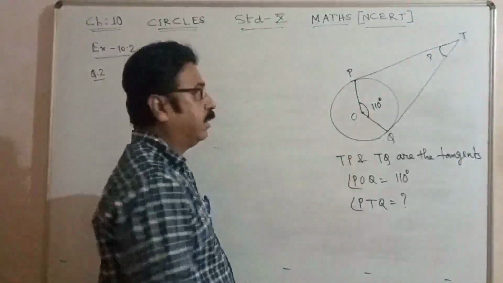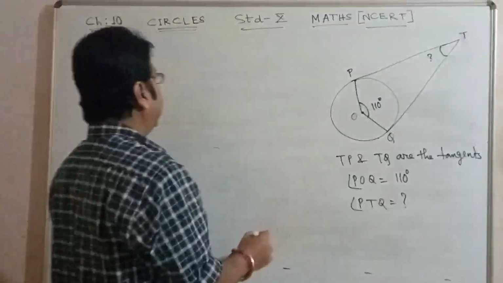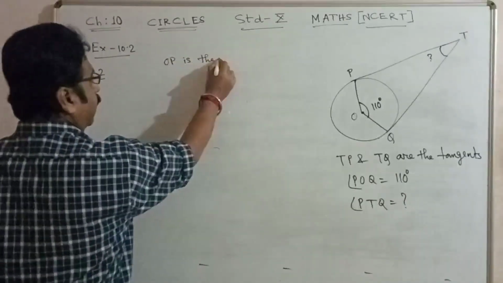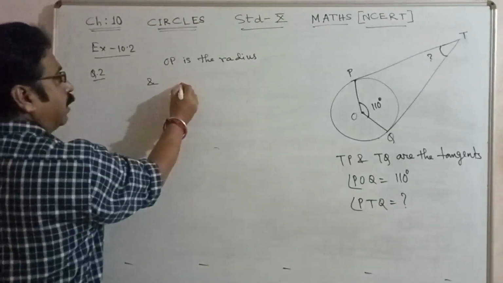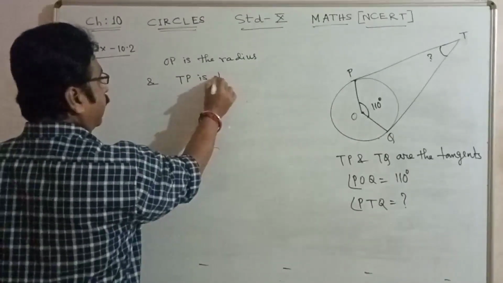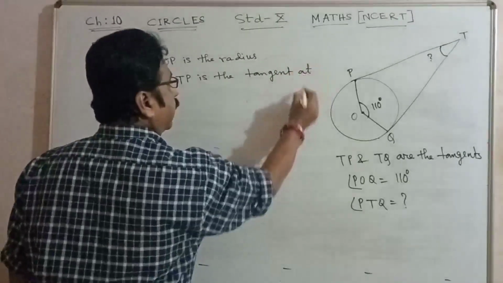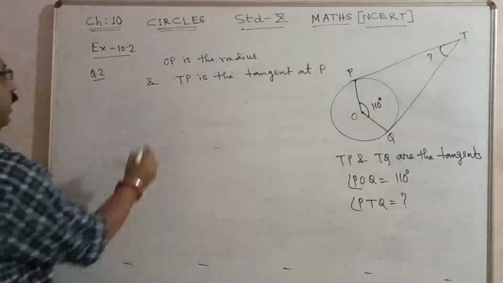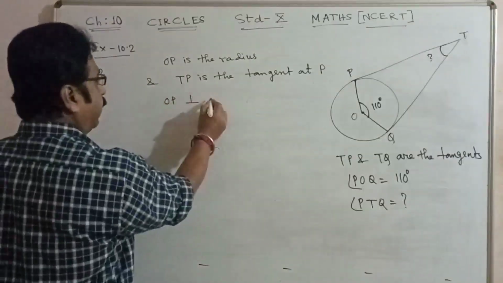OP is the radius, PT is the tangent at the point of contact P. So according to theorem 10.1, OP is perpendicular to TP.